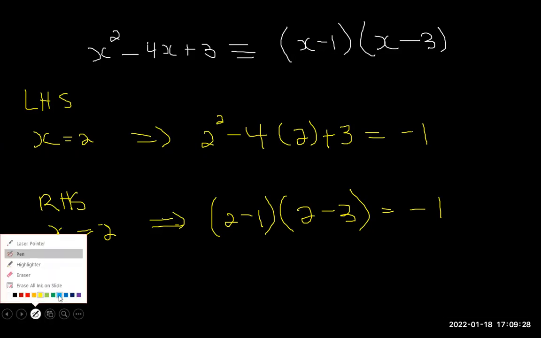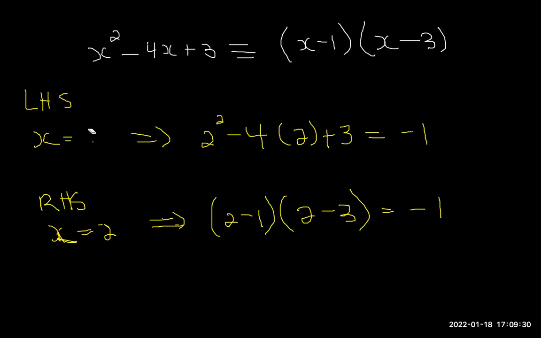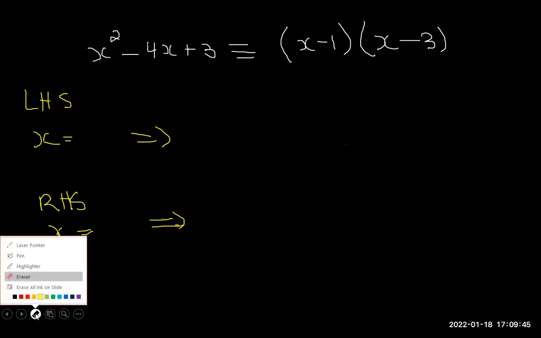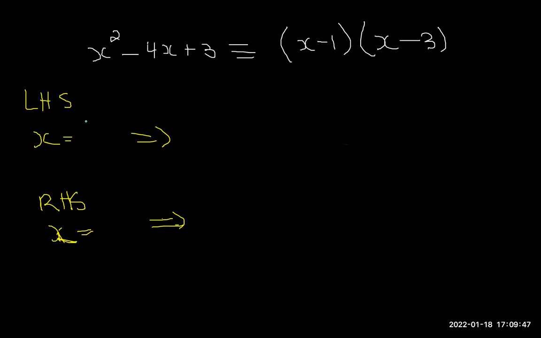But what if I had x is equal to 3? According to this symbol, which says that this is an identity, whatever value of x I put in, I'm supposed to get the same answer on both sides. So let's see if that's true. If x is equal to 3, then 3 squared minus 4 times 3 plus 3.